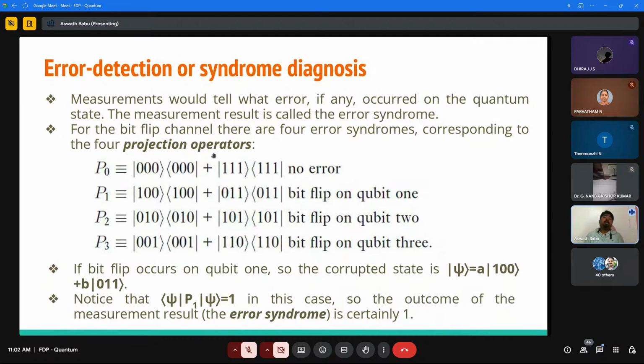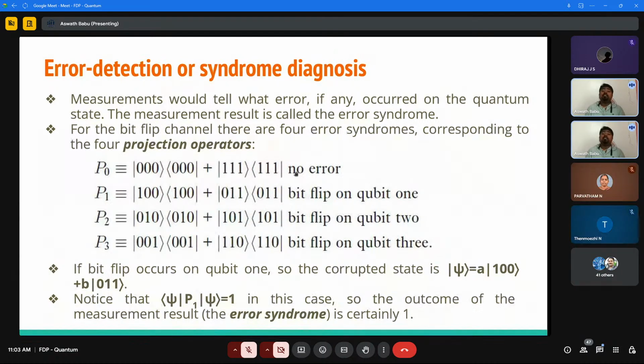If the projection operator P naught is used and I get a 1, I can say no error. So P naught is a projection operator which helps me find that there is no error in the system.